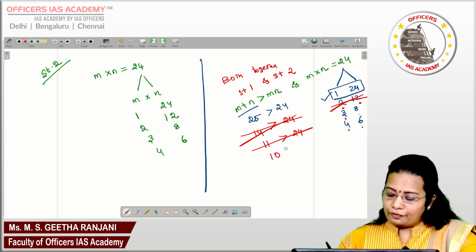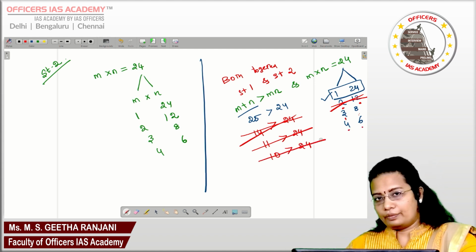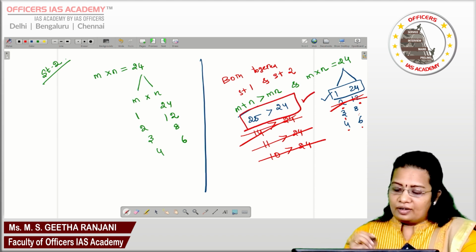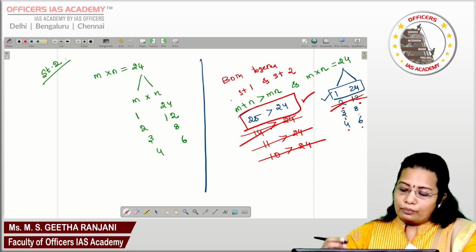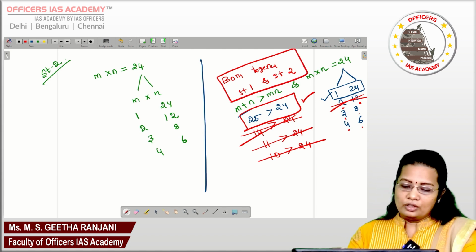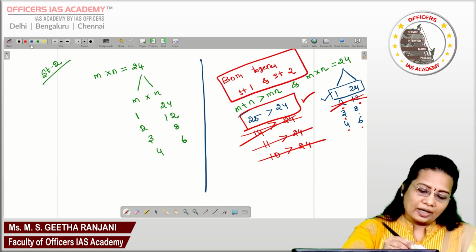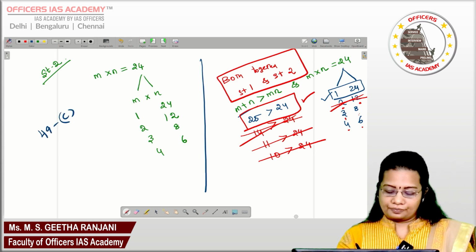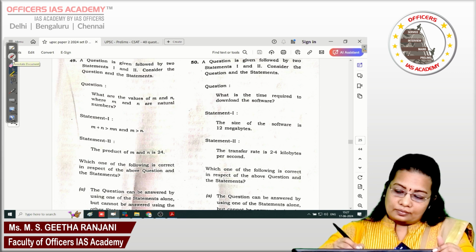Is 10 greater than 24? No. So only one option satisfies. Both statements together are necessary to get the answer. So the answer for question number 49 is C: both together we want. Next question.